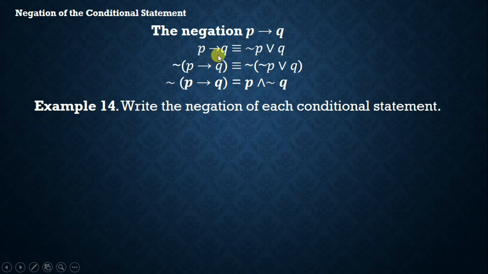This means that P implies Q is equivalent to not P or Q. It follows that the negation of P implies Q is equivalent to the negation of not P or Q, which, by De Morgan's laws, can be expressed as P and not Q. So the negation of P implies Q is P and not Q. For example, write the negation of each conditional statement.